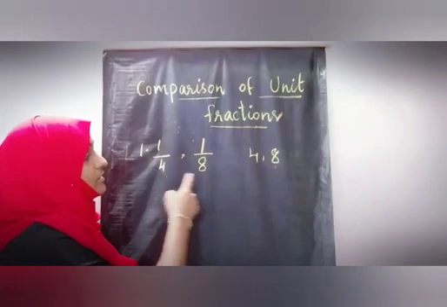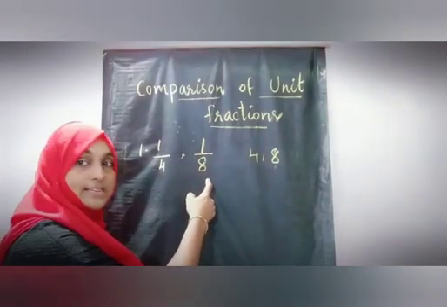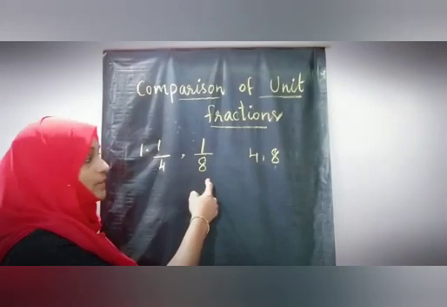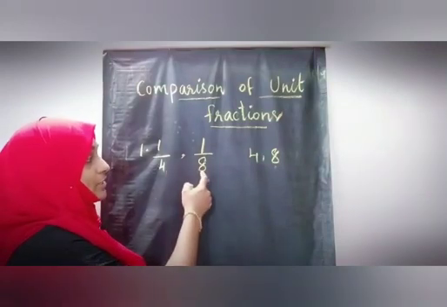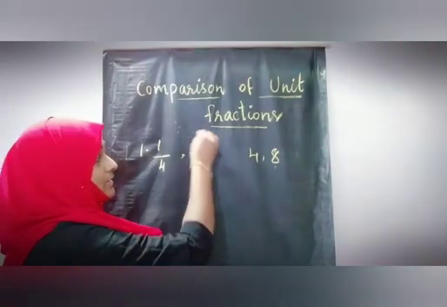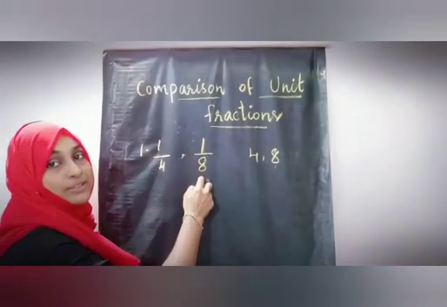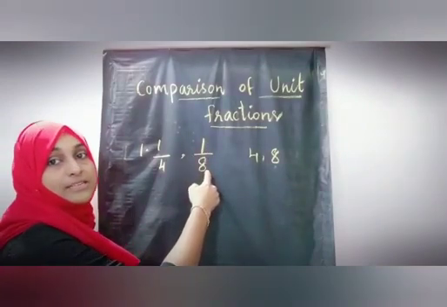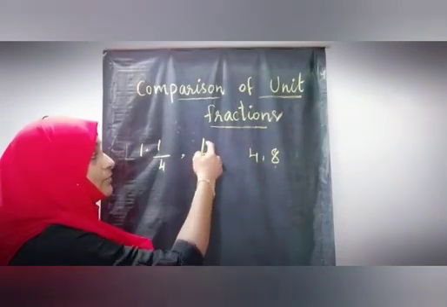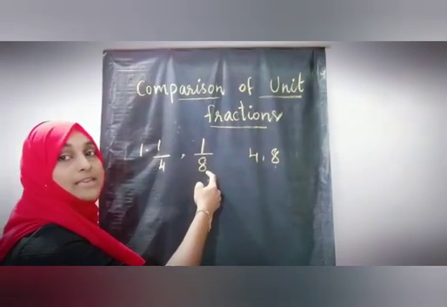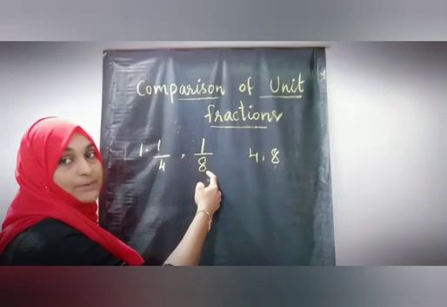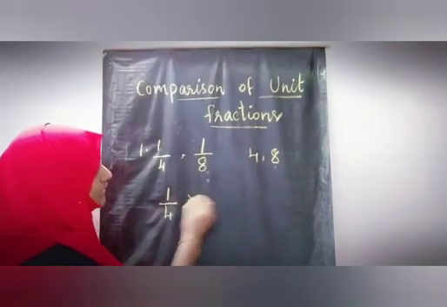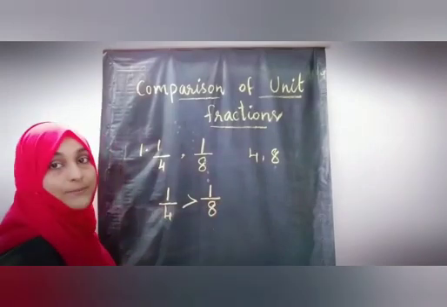The fraction with the greatest denominator is the smallest fraction. Here 1 by 8 has the greatest denominator. So the fraction 1 by 8 is the smallest fraction. So we write 1 by 4 greater than 1 by 8.